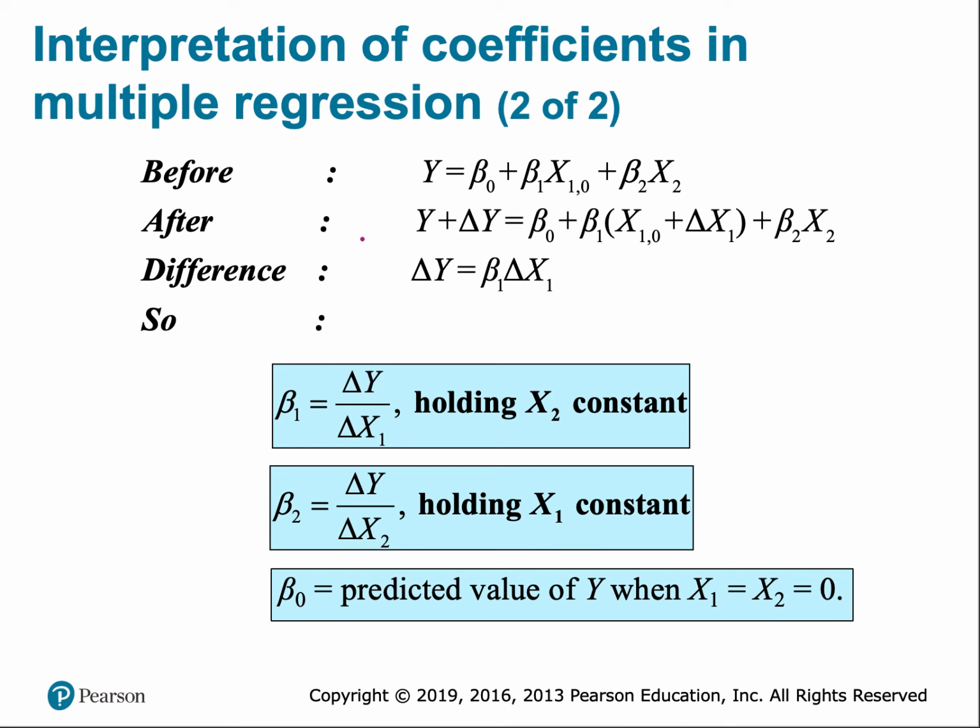Now, we can take the difference of after minus before. And what do we get? On the left-hand side, we are left with delta y, the change in y. On the right-hand side, we're left with beta 1 times delta x1.